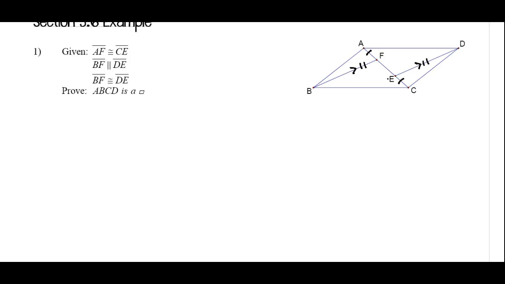So since I've got these two segments are parallel, I can see that angle 1 over here and angle 2 over here are actually alternate exterior angles, and if I can get those congruent, then I can get these two skinny triangles on the outside congruent, and then I can get AB and CD congruent, so that will at least give me one pair of opposite sides congruent. So let's start there.